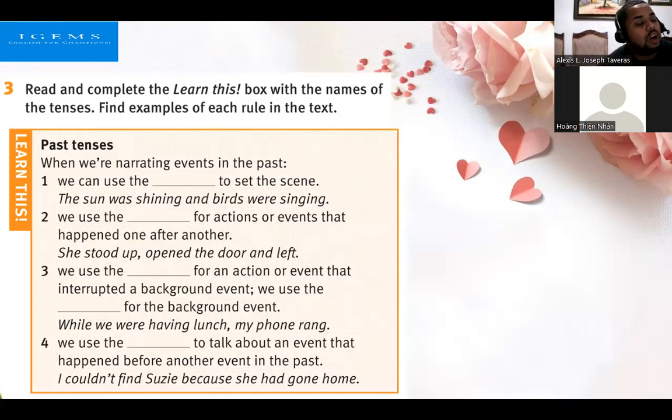Past tenses. When we're narrating events in the past, we can use the past continuous to set the scene. The sun was shining. The birds were singing. Okay, give me just a second.